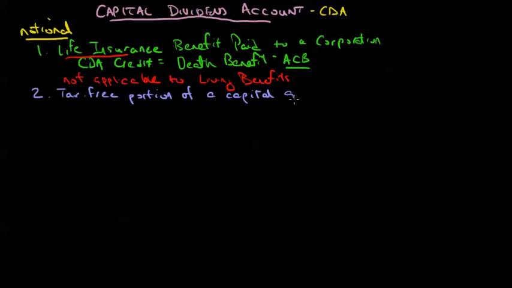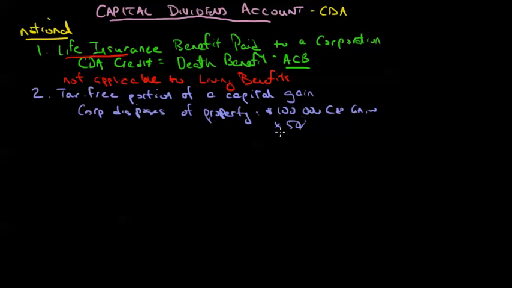So if my corporation, and again this has to happen within a corporation, disposes of property, and let's say we have a $100,000 capital gain on that property, we'd say, okay, out of that 100,000, 50% of it, that is 50,000, is taxable, and it's taxed at fairly high rates, close to 50% depending on the province that you're in.